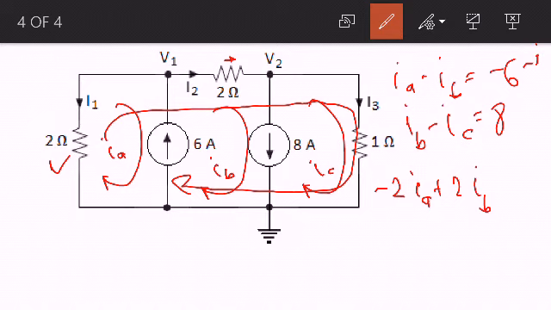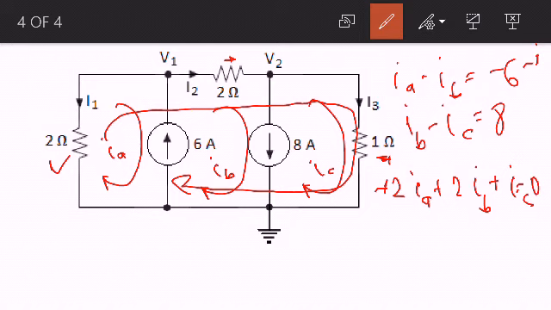And while here, okay, sorry, this is IA, then we have plus 2 IB, okay. Then for this one here, we have plus IC, that's IC times this 1 ohm resistor, all equal to 0.